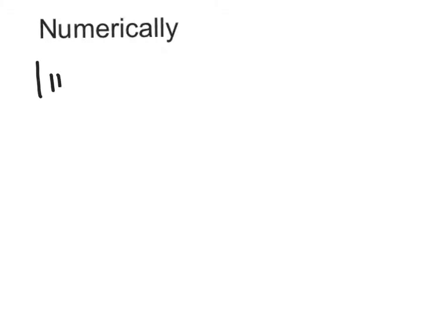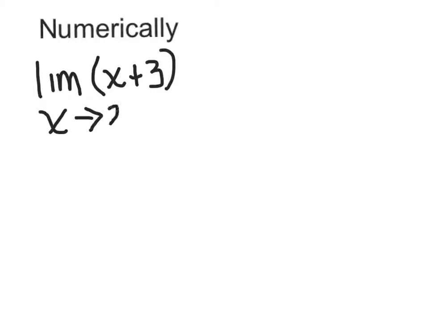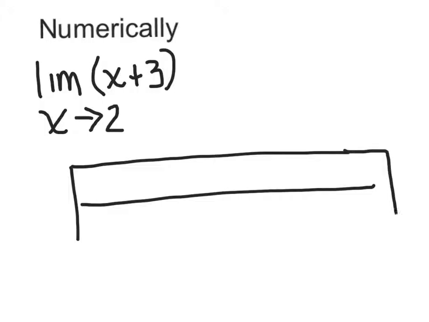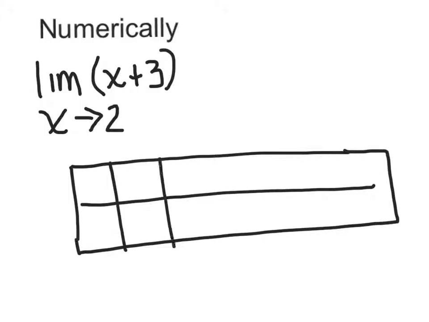So when I'm asking you to find the limit of x plus 3 as x is approaching 2, it's asking you to find the limit of this function. And if we were to use a table, you have a nice neat one written in your study guide.